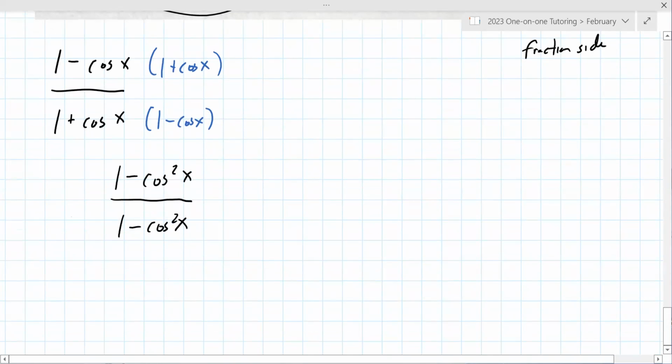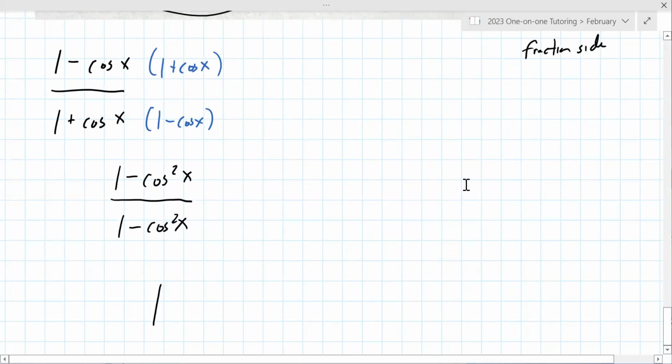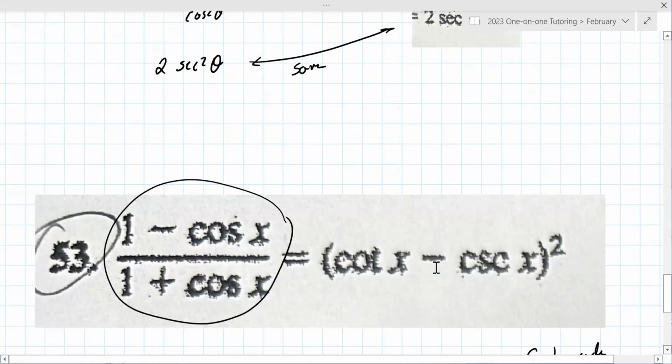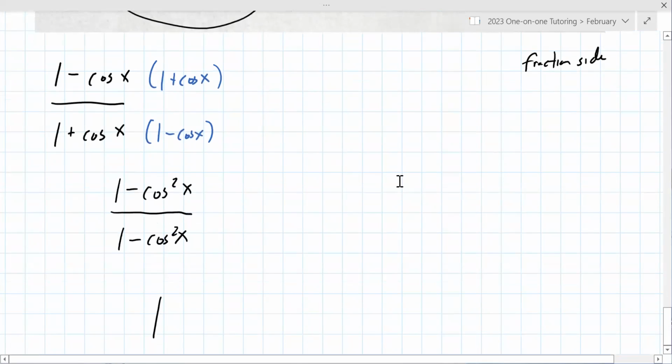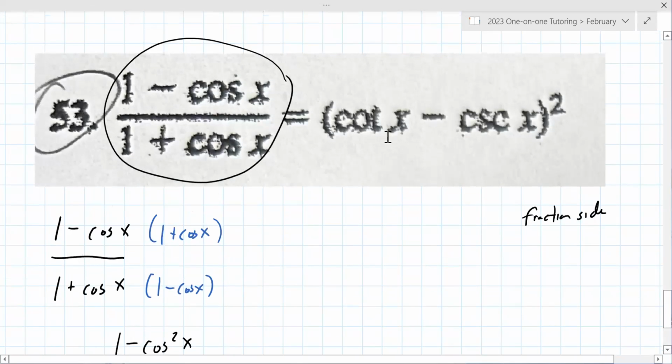Hang on. Let me just put some notes down. Would it be 1? Yes. And that's not even close to what the right side is. But it does indicate that the right side probably becomes 1. So this is one of those both sides problems.